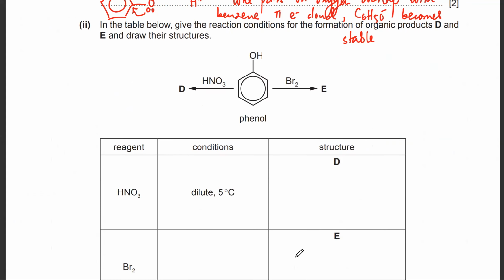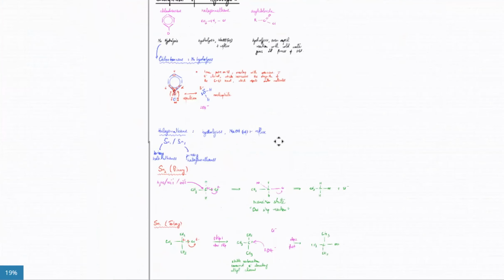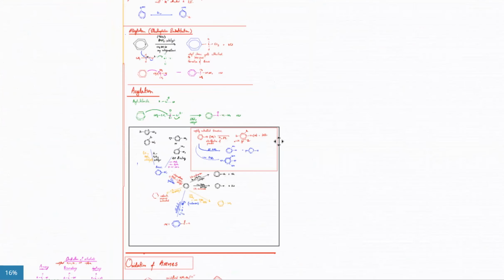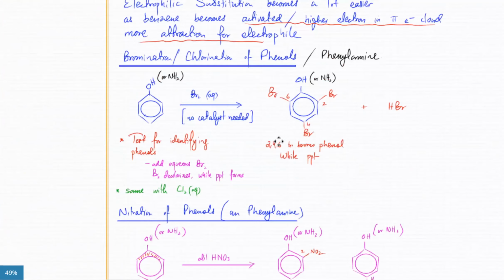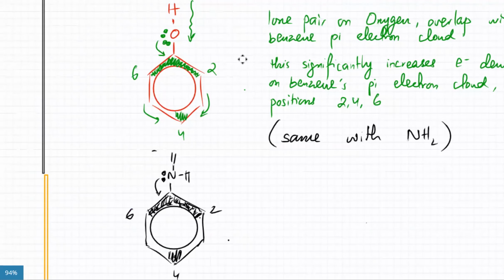So now the next one is you've got a phenol, and it's reacting with bromine. This is electrophilic substitution. Remember, electrophilic substitution happens vigorously with phenols and with phenylamines as well. No catalyst is required, and there's a reason for that: in phenols and in phenylamine, the lone pairs on oxygen overlap with benzene's pi electron cloud.